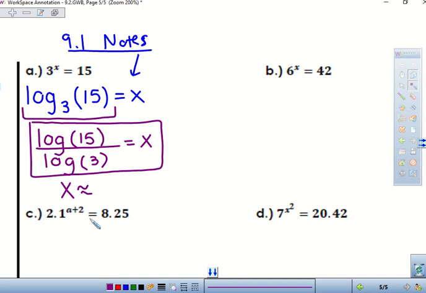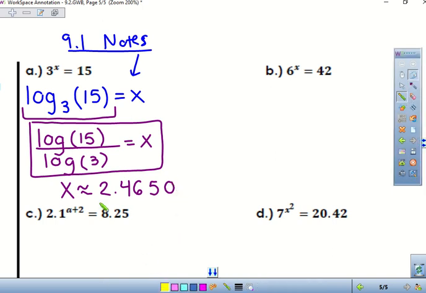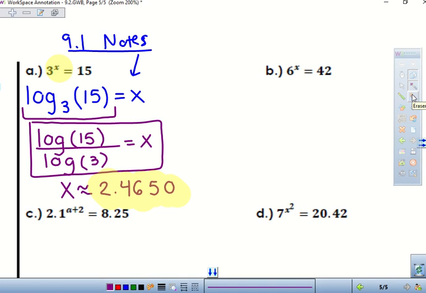So log 15 divided by log of 3, and you should get approximately 2.4650. You can verify that this is correct by taking 3 to the power of that number. In your calculator, go ahead and do 3 to the power of 2.4650, and it should give you approximately 15. That's what we just found using logs.